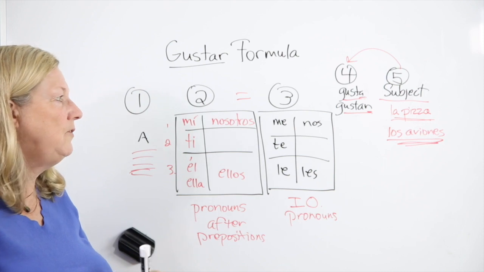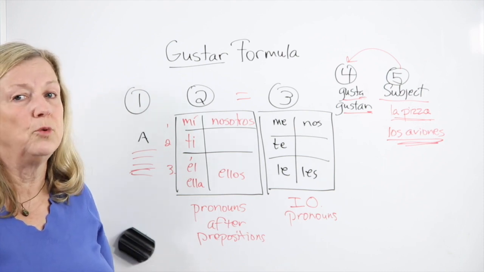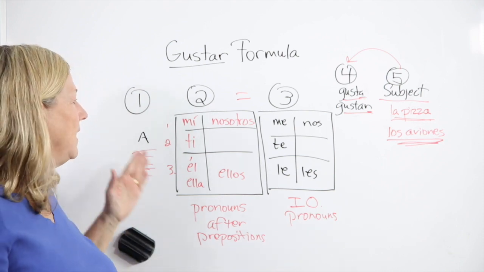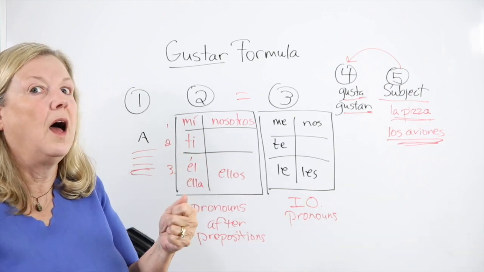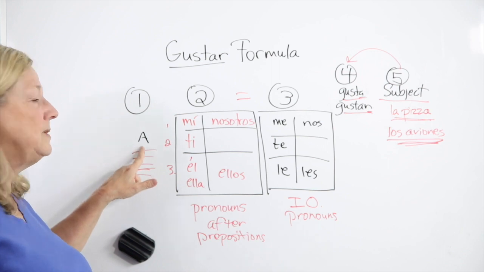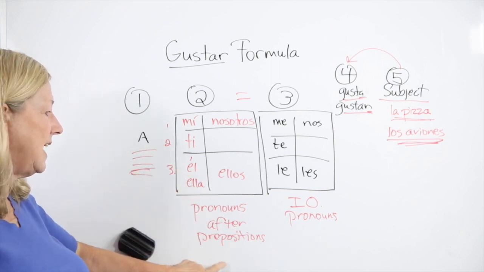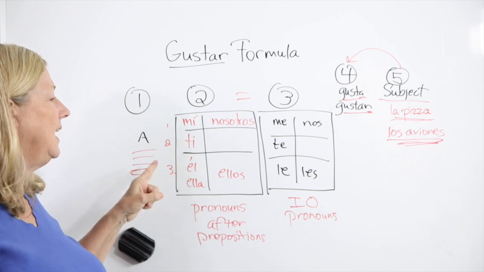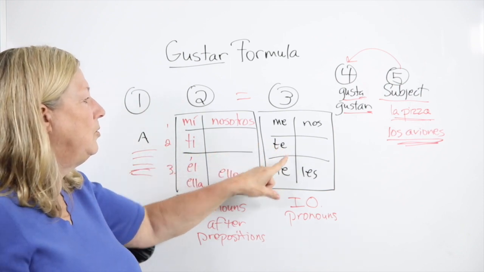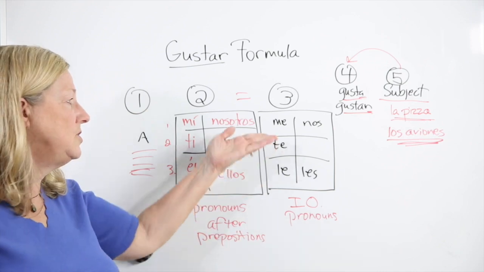So it's just really, if you just memorize this as if it were a math formula, that's the easiest thing to do. Number one, just like you're playing racquetball. Don't think, just hit the ball. Well, it's a preposition, so the box that comes next has to be this pronouns after preposition box. A mí, a ti, a él, a ella. And then number 3 has to be the indirect object pronouns. Just memorize them.